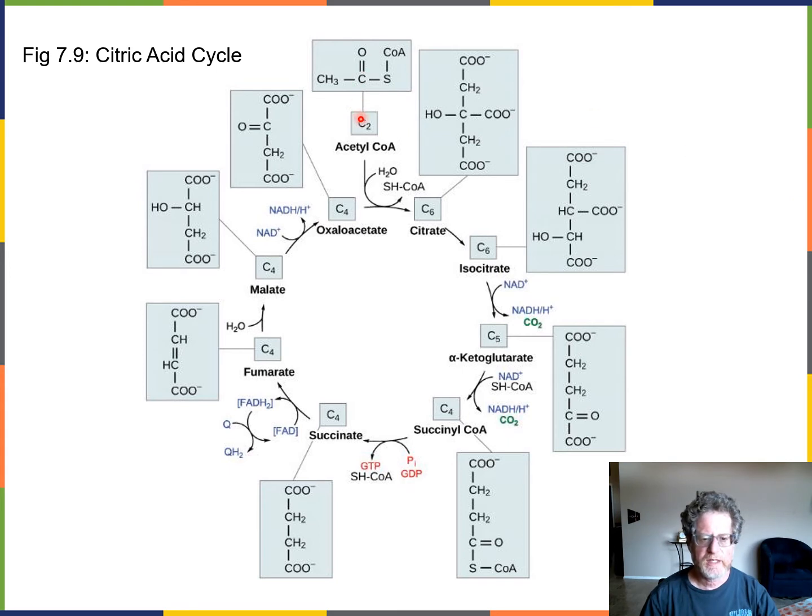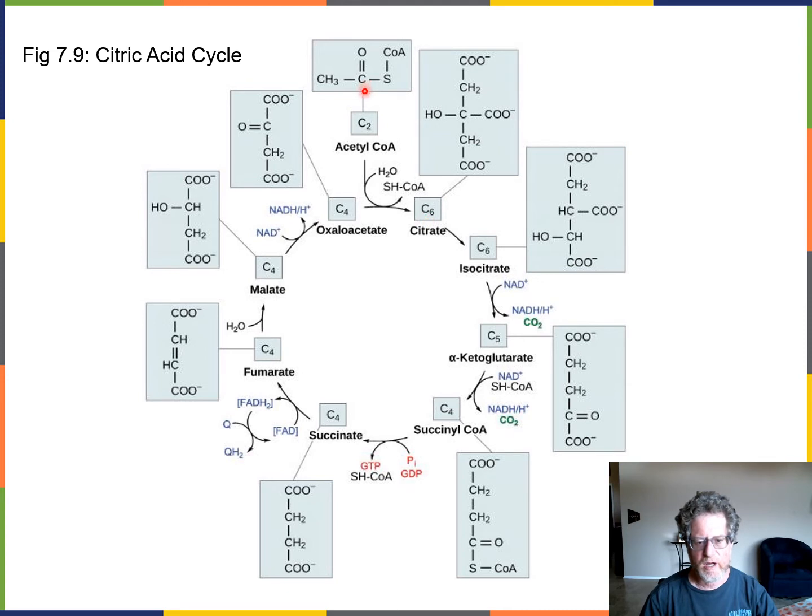So here is the Acetyl CoA coming in, and what the sulfur coenzyme A does is just add the acetyl group onto oxaloacetate to make citrate.